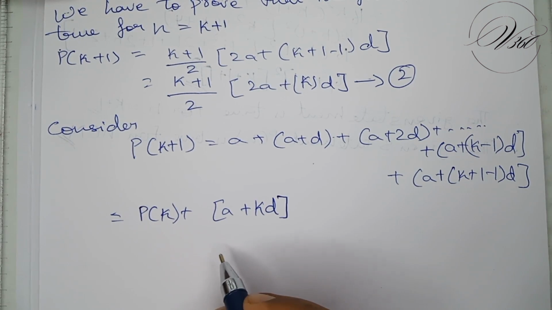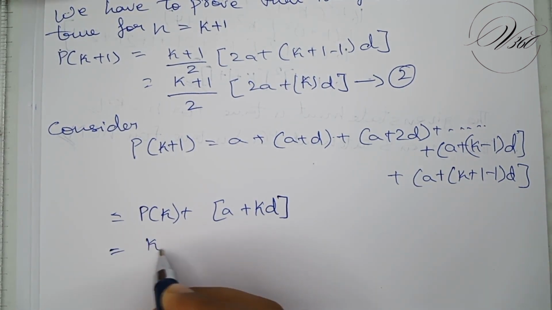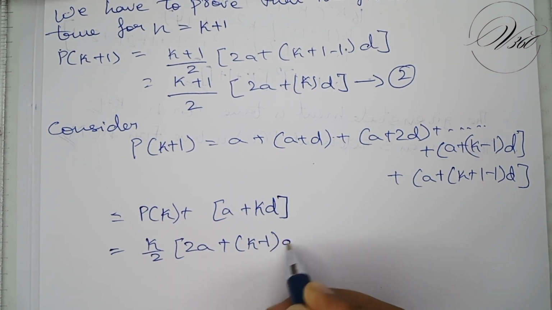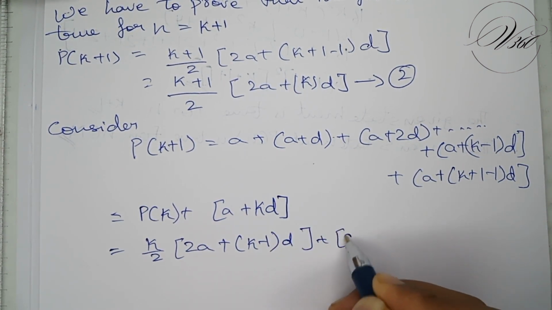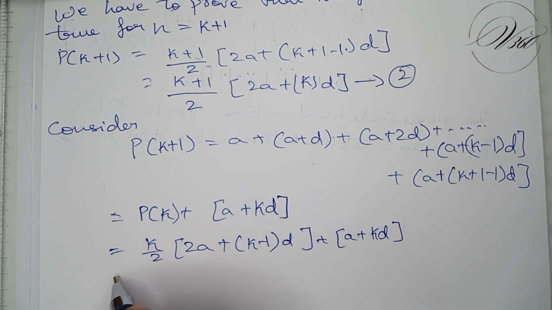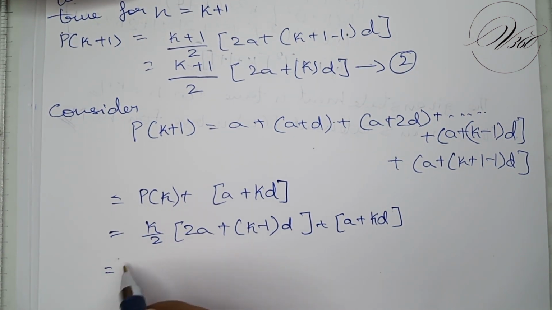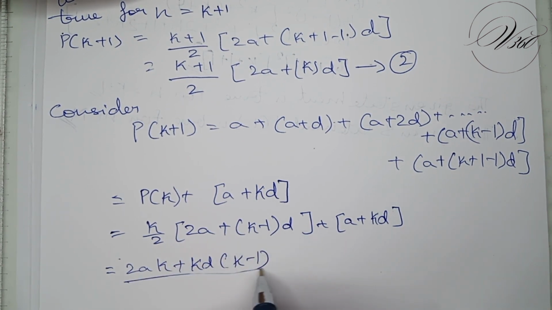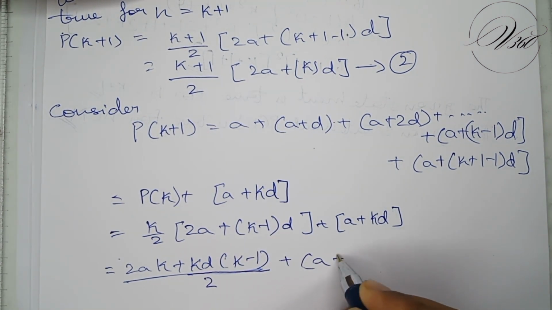Okay, then k by 2 of (2a plus (k minus 1) of d) plus a plus kd. Okay, that is now equals to (2ak plus kd of (k minus 1)) by 2 plus a plus kd.